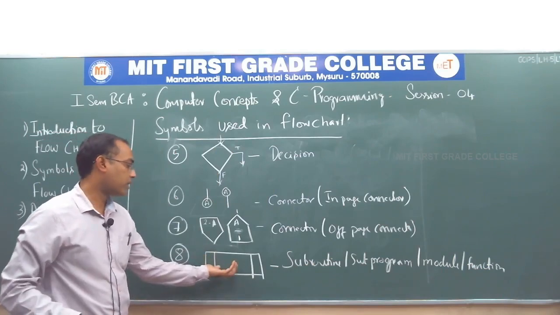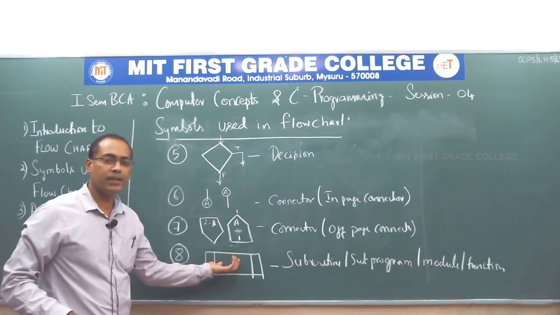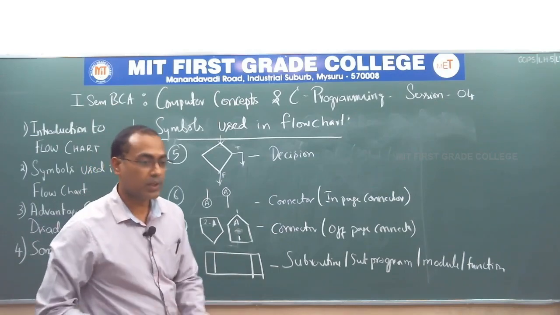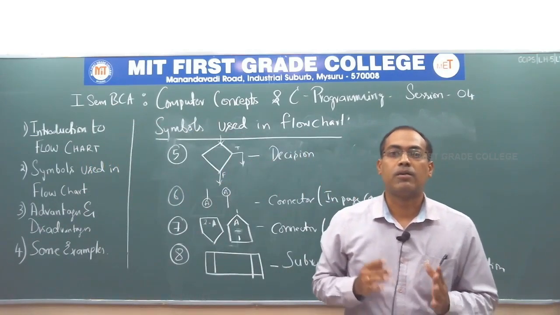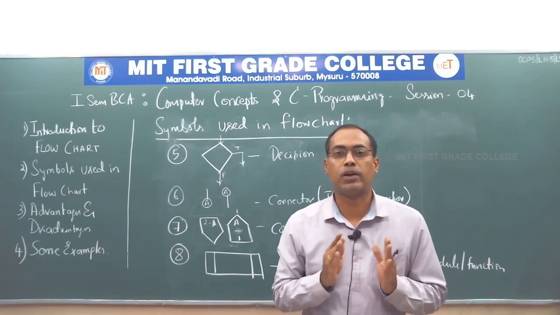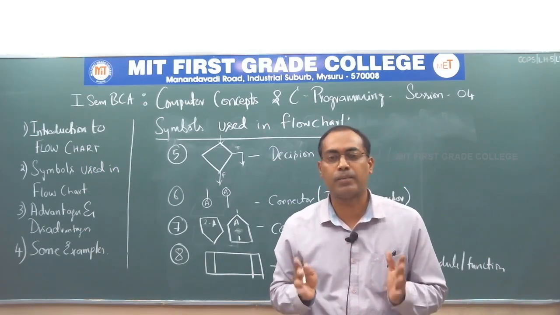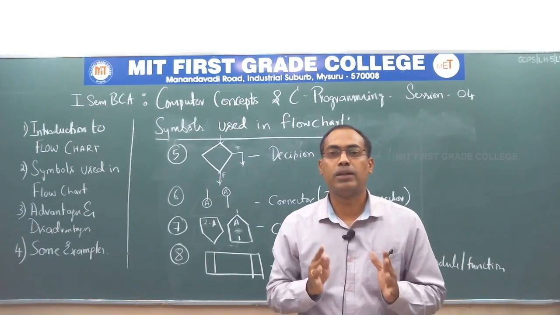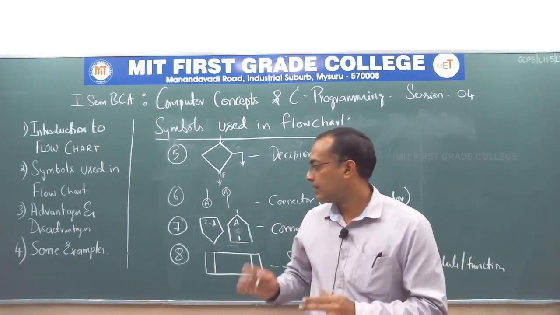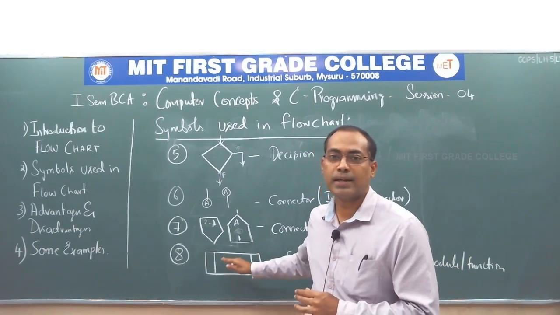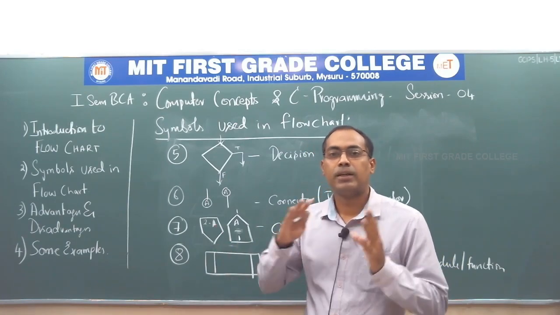You are going to write down here the name of the subroutine. Students, when are you going to use this? You are going to use this when you are using functions in your program. When you are going for top-down design, that is, structured programming, wherein you break down a big problem into smaller problems, then you use these kinds of symbols to represent the modules or the functions.